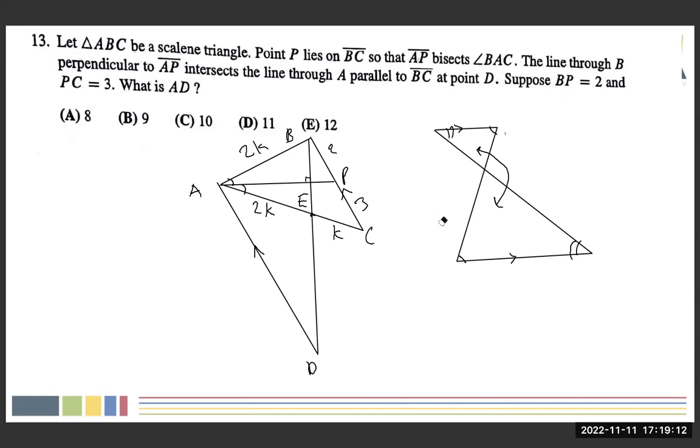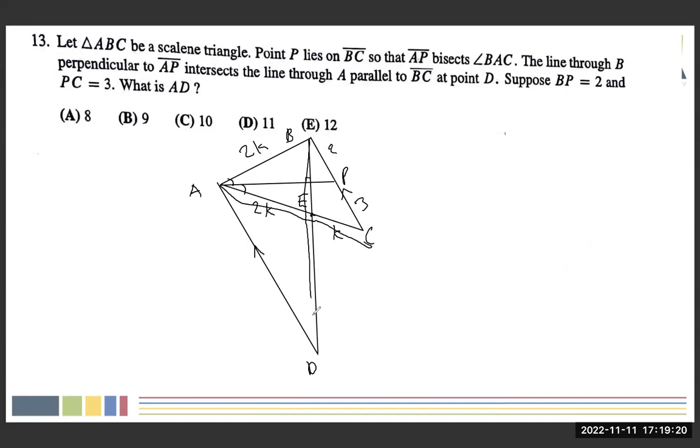Okay, well, now, once I point this out, it might have not been so obvious at first, but now it's probably very obvious here that AEC and BED are similar in this sort of bow tie fashion, with these parallel lines. And the reason why that's important is because they're parallel in a way such that the ratio of BC to AD is simply the ratio of CE to EA.